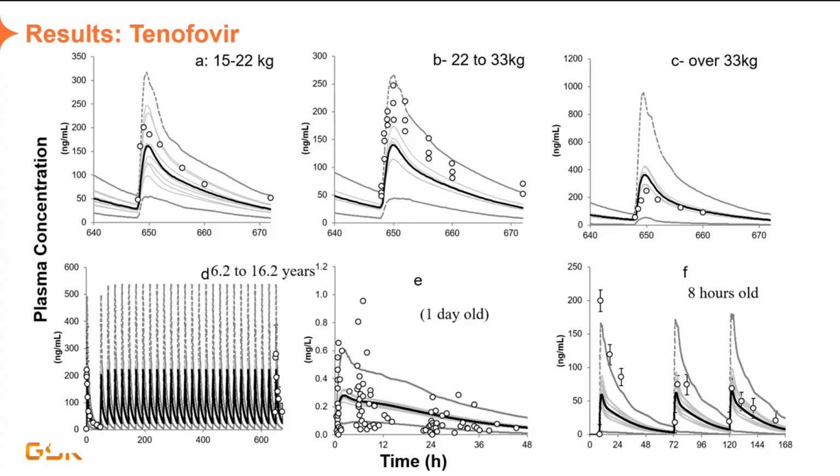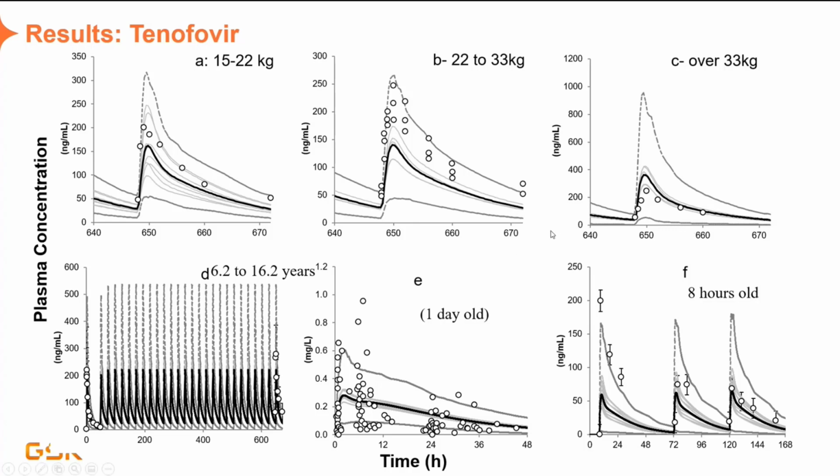I don't have a very good answer. I would like to know your thoughts, actually. If you have any ideas, let me know too. Anyway, whatever it is, the model is not capturing the first dose. But when the neonates are a bit older, it's getting better.